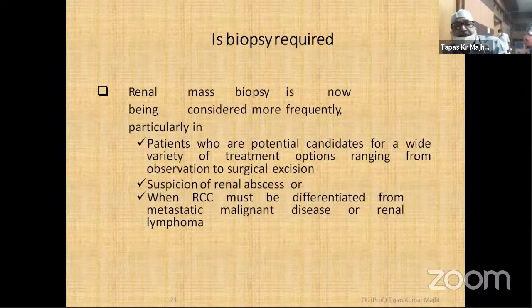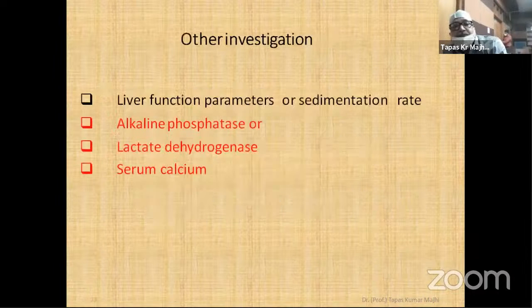It is also considered when there is suspicion of renal abscess, because a small renal abscess sometimes mimics a renal tumor on CT, or when RCC must be differentiated from metastatic malignant disease or renal lymphoma, where treatment policies differ from primary renal malignant tumor. Other investigations: liver function parameters, sedimentation rate, alkaline phosphatase, lactate dehydrogenase, serum calcium.